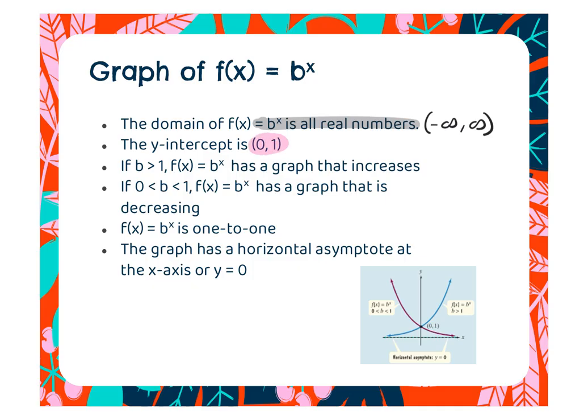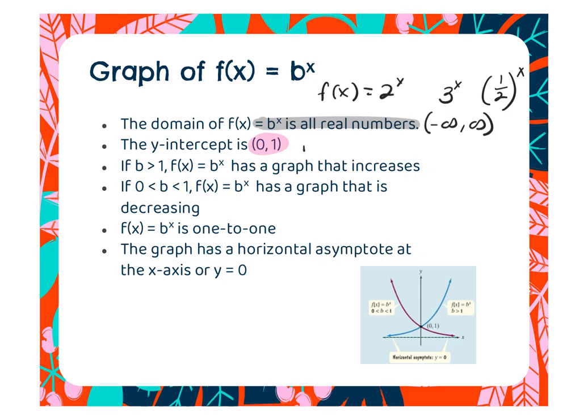If I did f of x equals 2 to the x, or 3 to the x, or 1/2 to the x, and I plug 0 in for x, what happens when we raise something to the 0 power? It's 1.